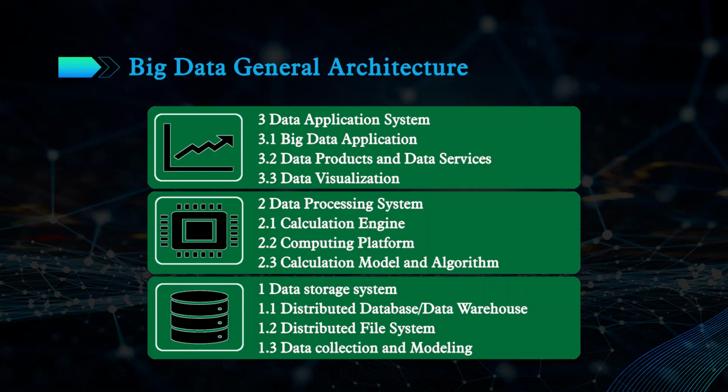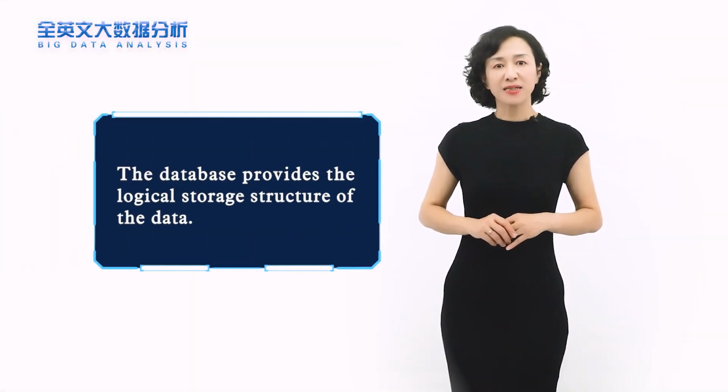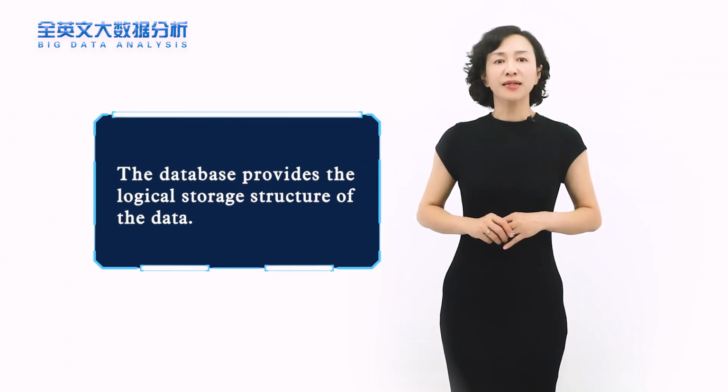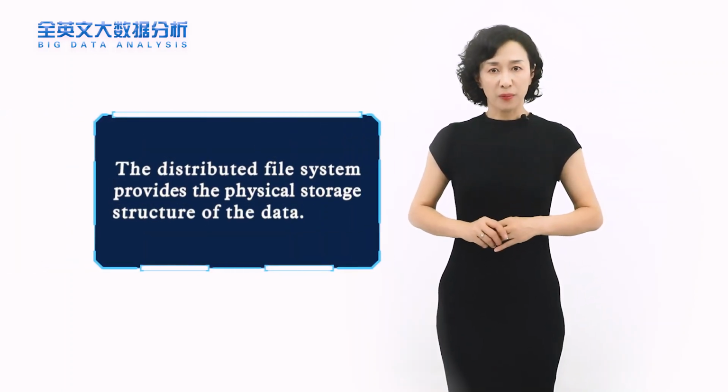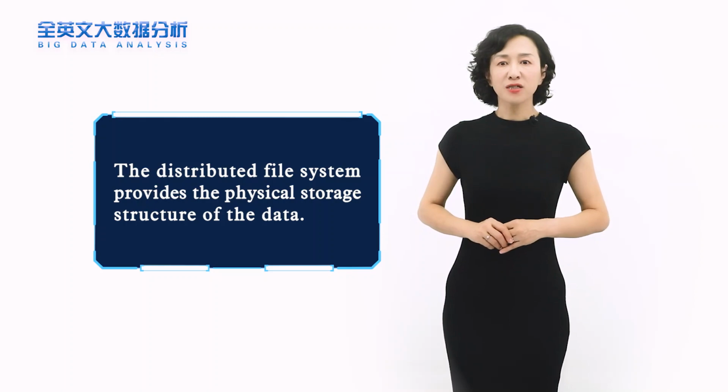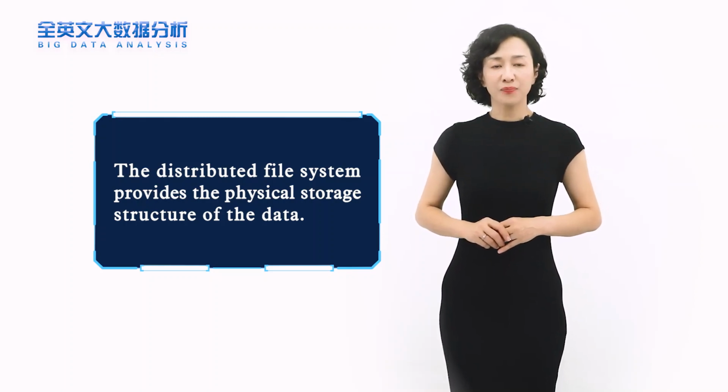The upper-level application can present the visualized results, or give suggestions, or make smart decisions. In the storage structure, the database provides the logical storage structure of the data. The distributed file system provides the physical storage structure of the data.